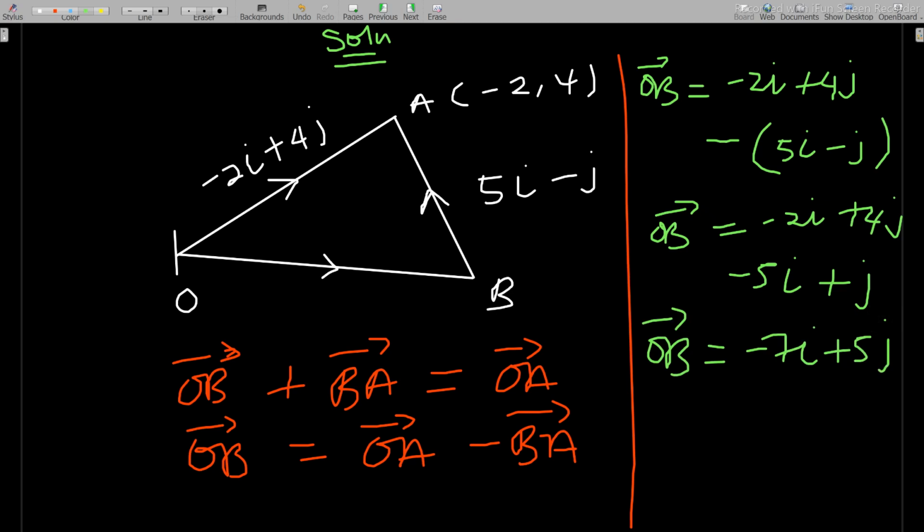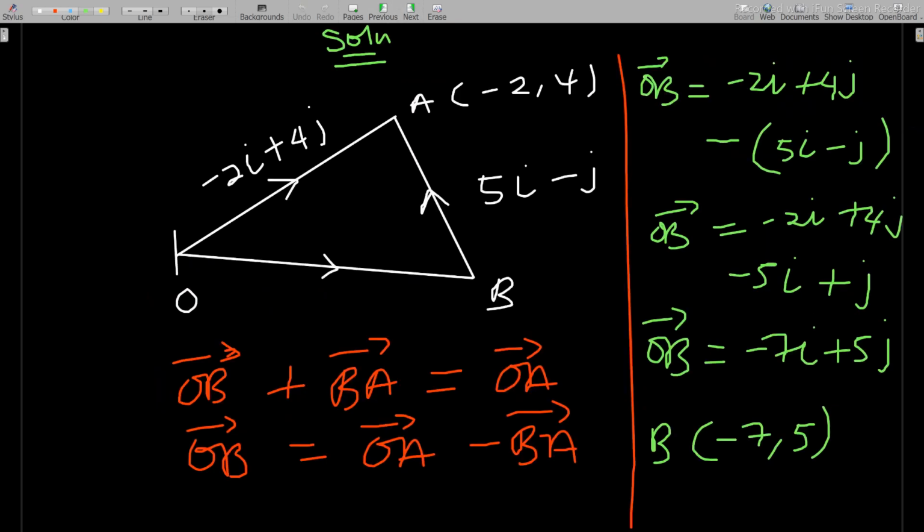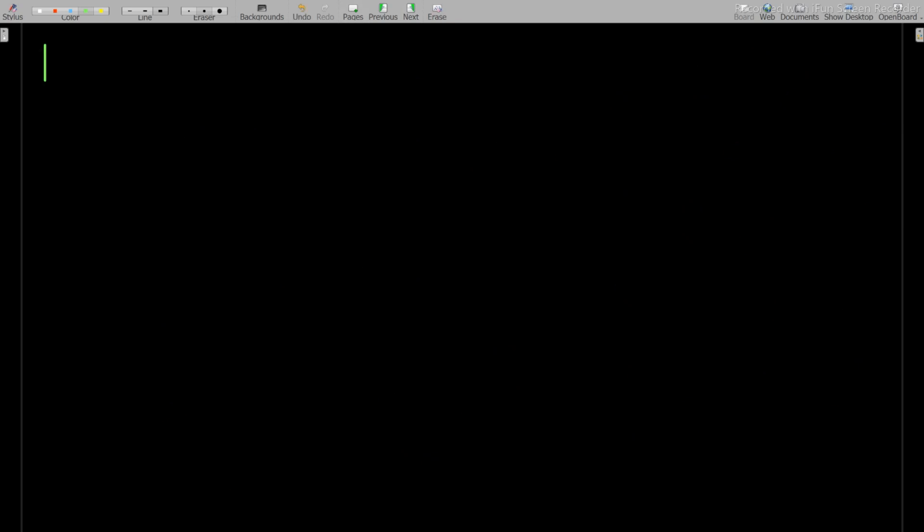So that is my OB, okay. Our task here is to find the point B. So the point B from O will be negative 7 comma 5, okay. That is the answer to the first question: find the point B, such that you have that, okay.